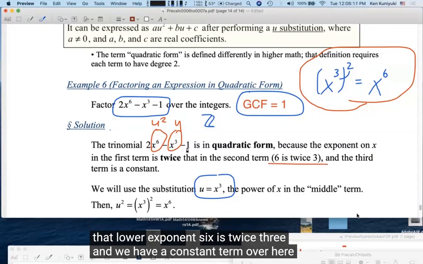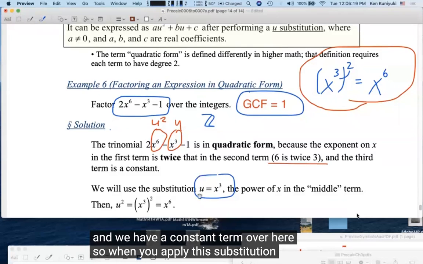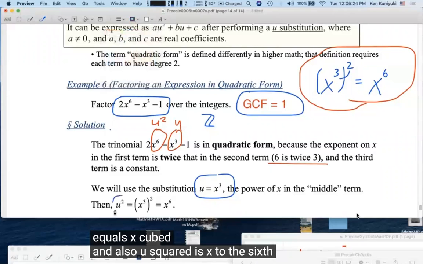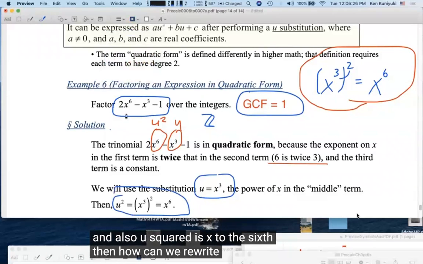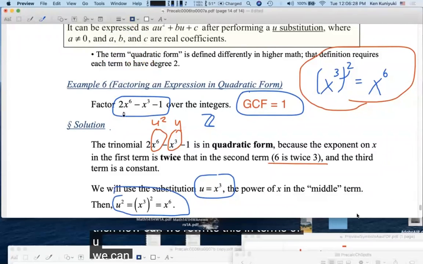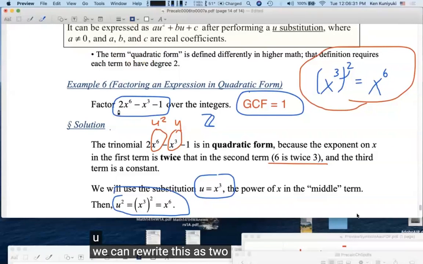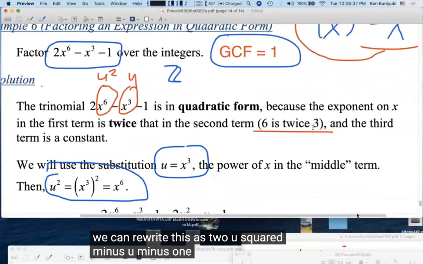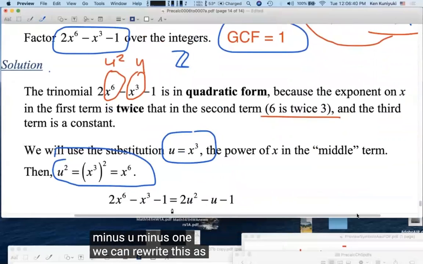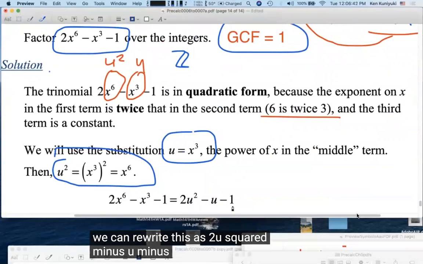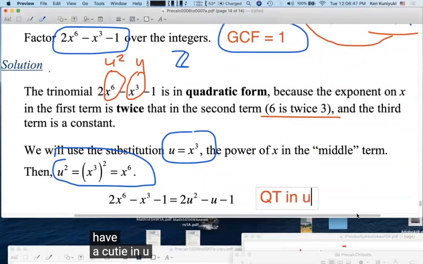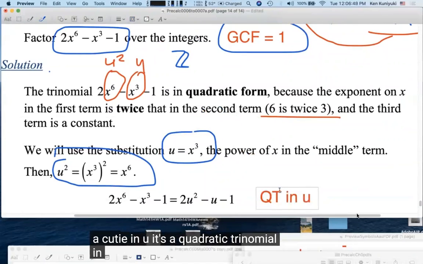So when you apply this substitution, how can we rewrite this in terms of u? We can rewrite this as 2u squared minus u minus 1. And lo and behold, we have a QT in u, a quadratic trinomial in u.